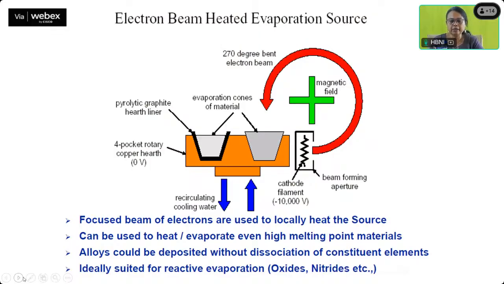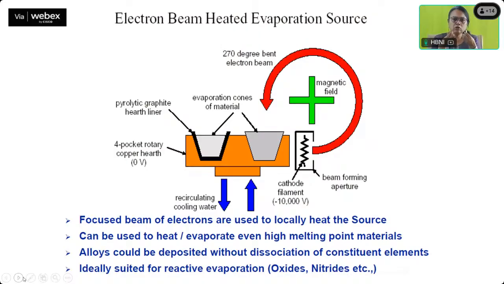So your substrate plays a crucial part. The temperature of your substrate plays a crucial part. And if you are also using some environment, like putting in some oxygen, all those things ultimately decide the kind of film you will be getting.